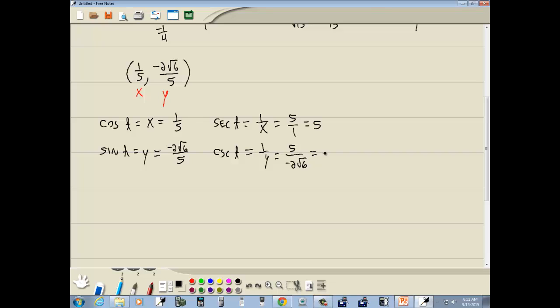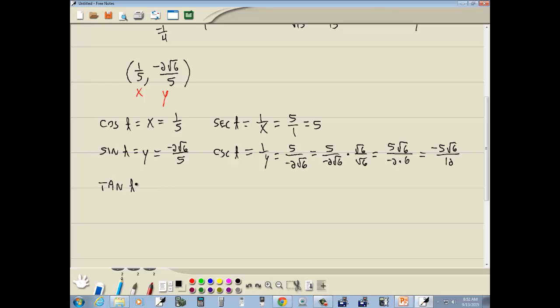Can't have a square root of 6 down there, so we'll multiply the top and bottom by the square root of 6. That's how you can always get rid of a square root in the denominator. So that gives us 5 square root of 6 over negative 2 times square root of 6 times square root of 6, which is 6. I'll go ahead and put that negative up on top. So we got negative 5 square root of 6 over 12.